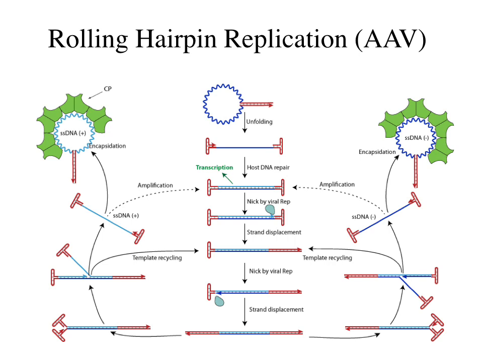Replication is active during the host cell S phase. It's initiated by a viral endonuclease called NS1, which creates a nick between the hairpin encoding sequences. This creates a 3' end that primes strand displacement replication and starts the rolling hairpin replication process.